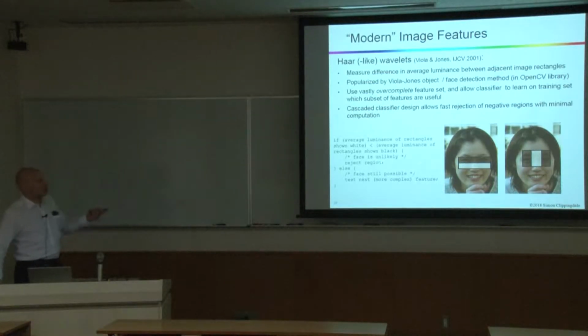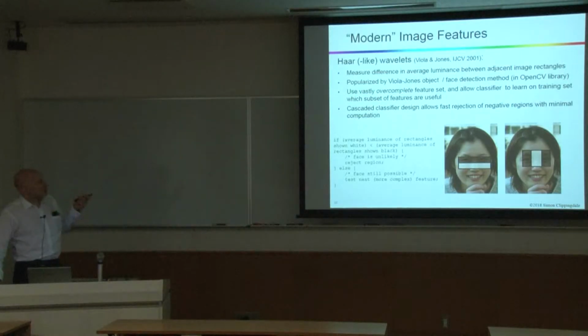And as you can imagine, there are millions of possible placements of these pairs of rectangles on the image. These measure the difference in average luminance or brightness between adjacent rectangles in the image. Popularized by Viola and Jones, the OpenCV computer vision library's main face detector uses these features.